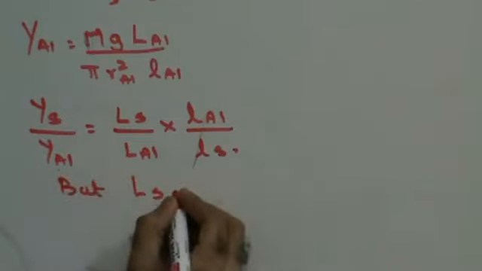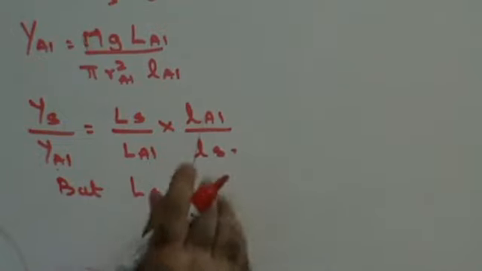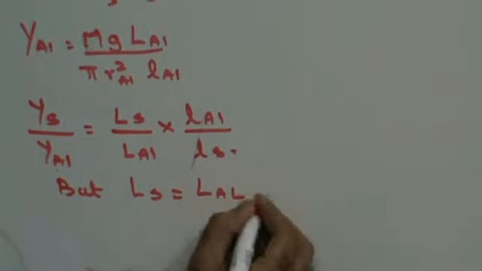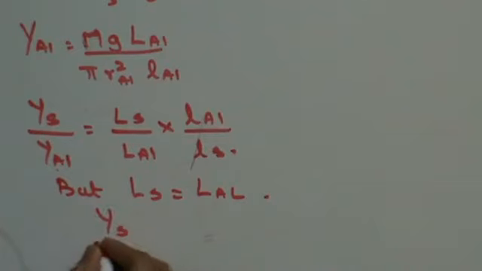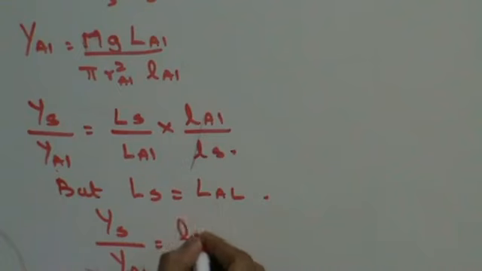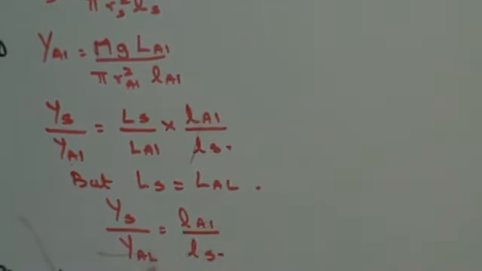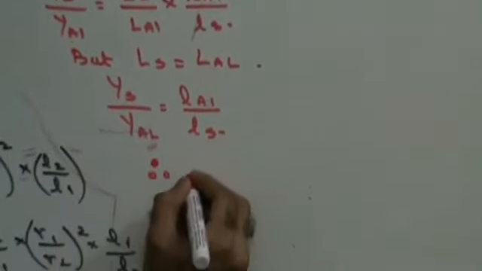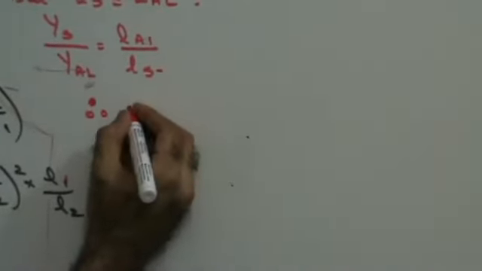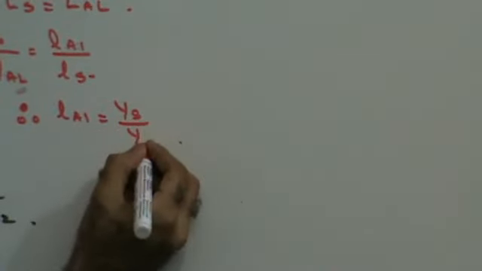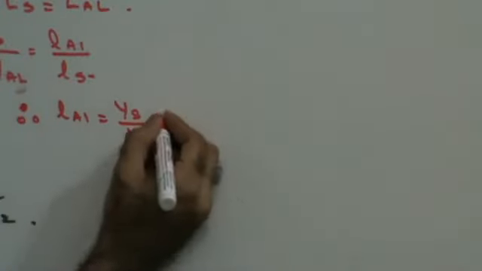But they've given me that length of steel is equal to length of aluminium. Therefore I can say Young's modulus for steel upon Young's modulus for aluminium is extension of aluminium upon extension of steel. Therefore, I could say that extension of aluminium is Young's modulus of steel upon Young's modulus of aluminium into extension of steel, right?